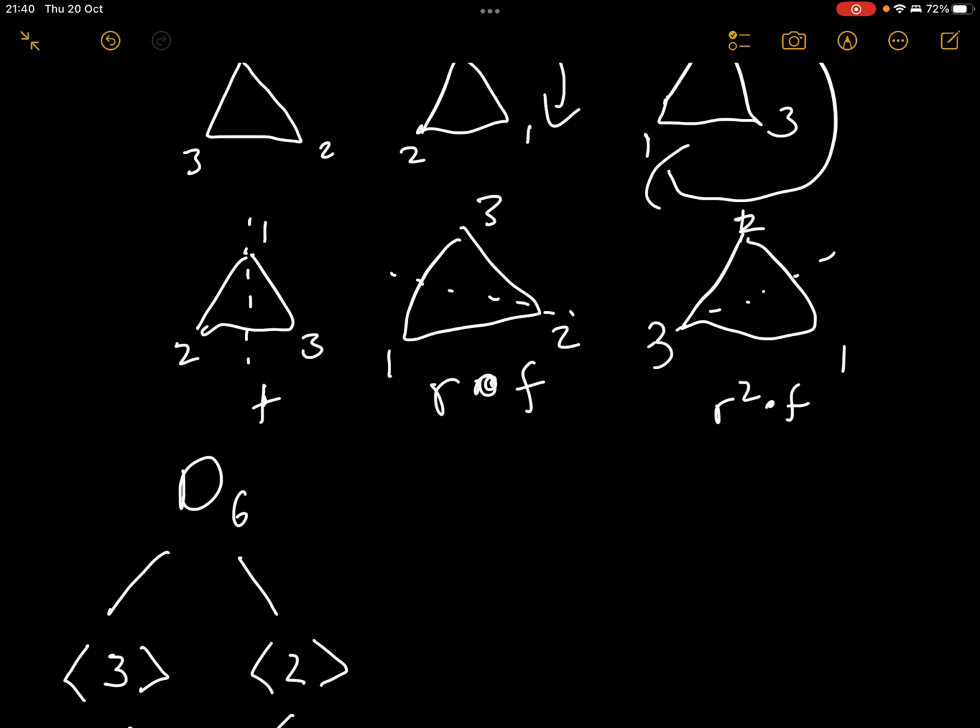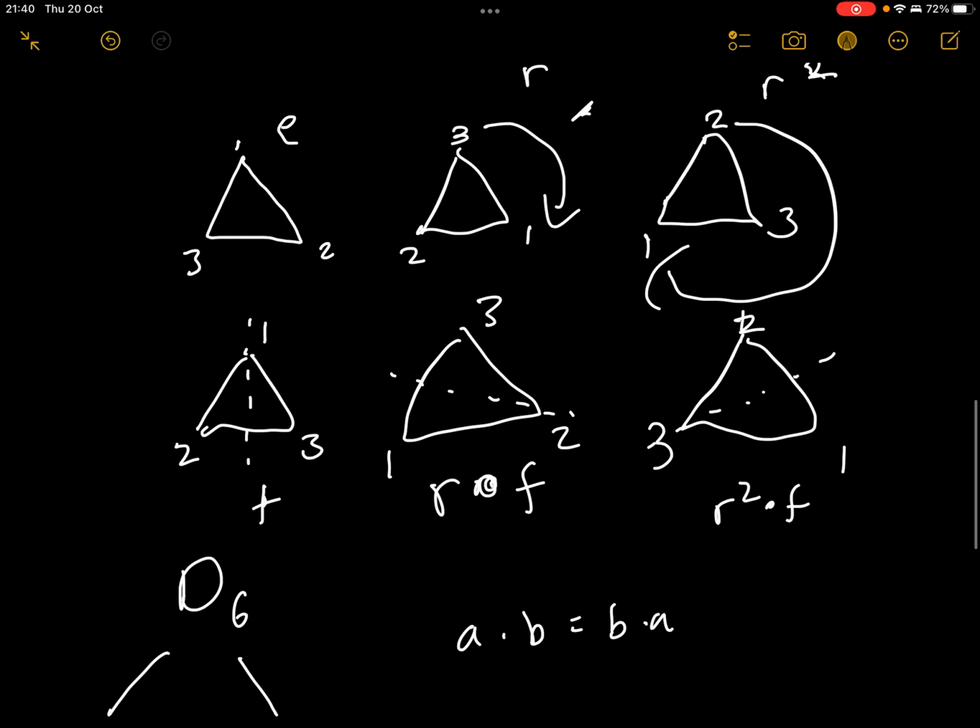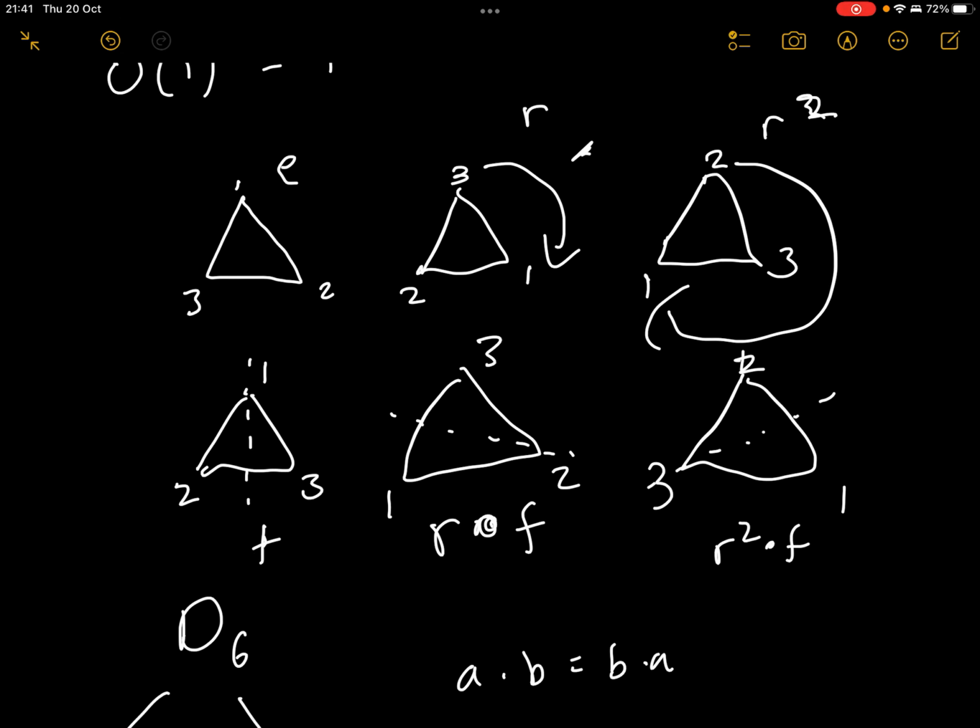One question you can ask is, is this a commutative group? Multiplication is commutative in that A times B is equal to B times A. And maybe at first you might think it is, but let's actually give it a go. Let's see what happens if we flip and then rotate rather than rotate and then flip.